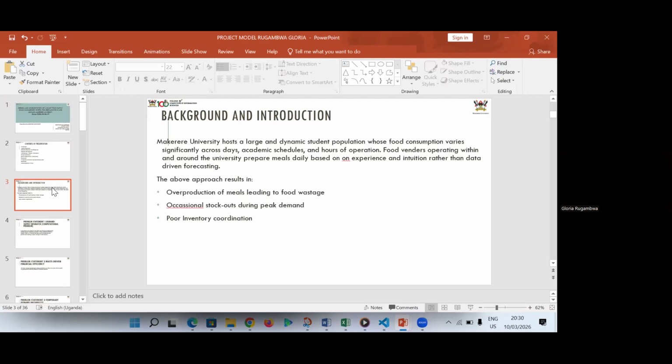So the levels of demand during the teaching period are different from those during the exam period.